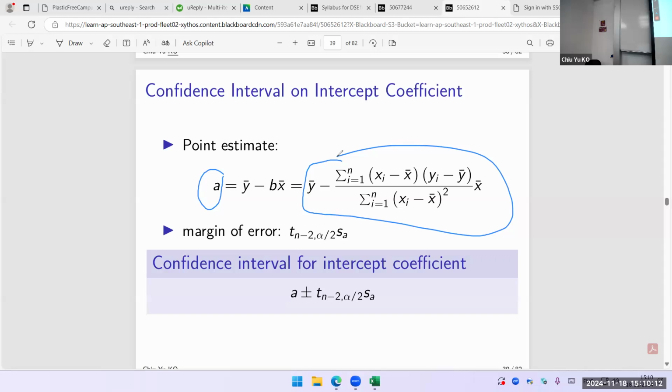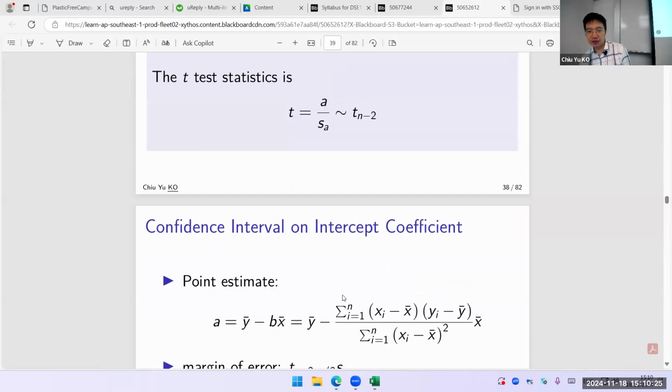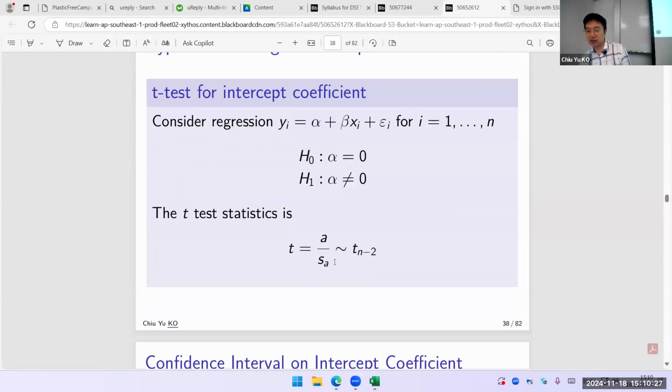And the interval estimate of alpha is very simple: plus minus the t times the denominator, because that is what we learned. If you recall, it comes from this, plus minus t times this guy.